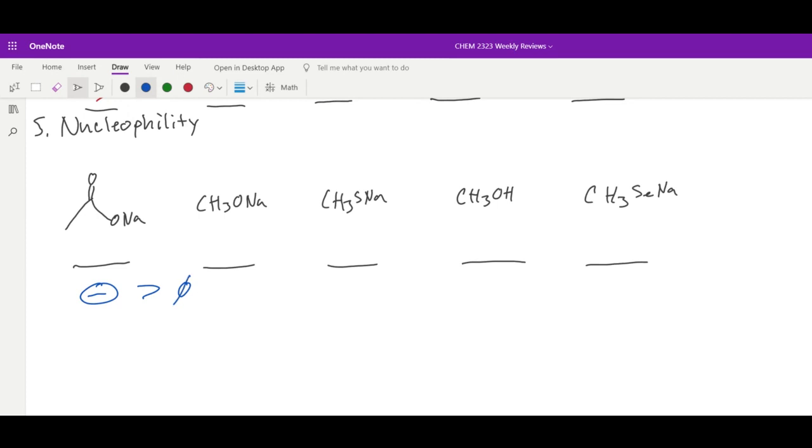Because we want our nucleophiles to be reactive and unstable, so they can attack and go through with the reaction. Resonance equals bad. Bulky equals bad.